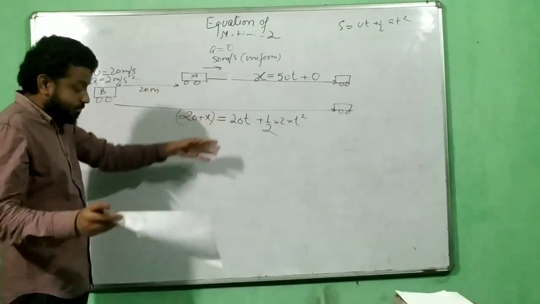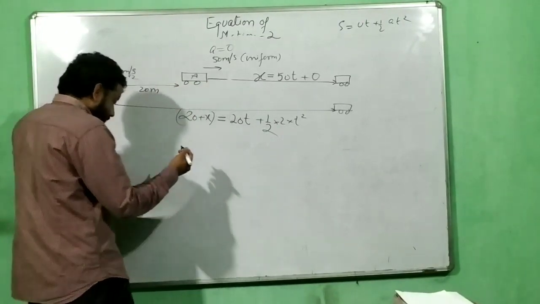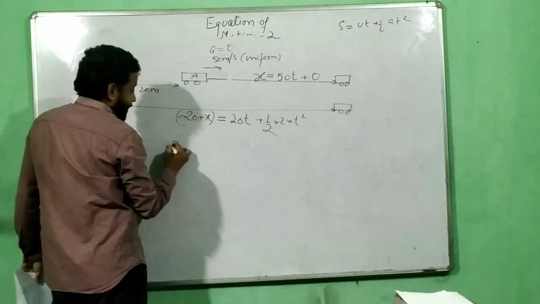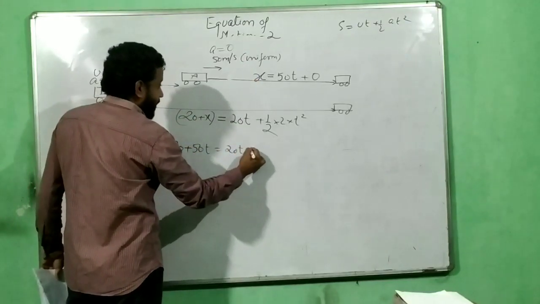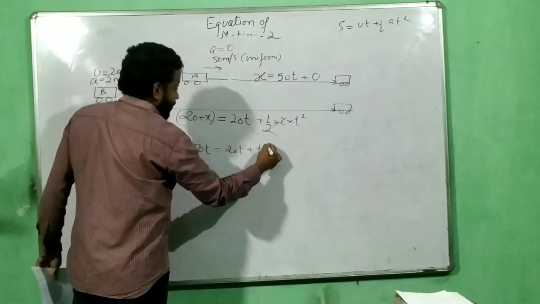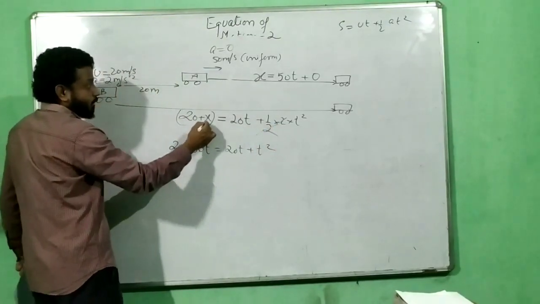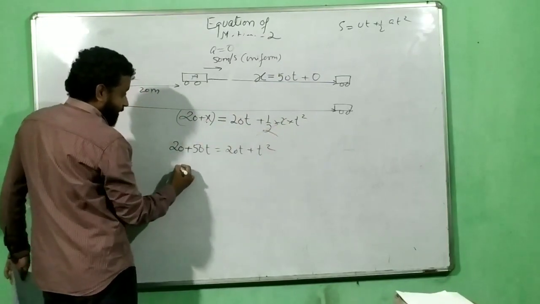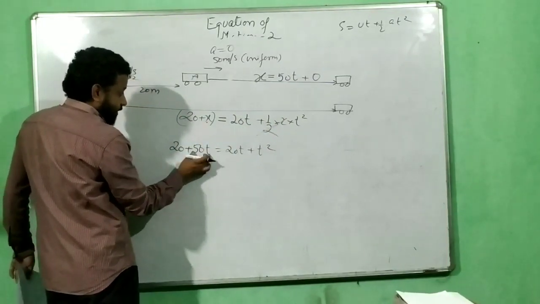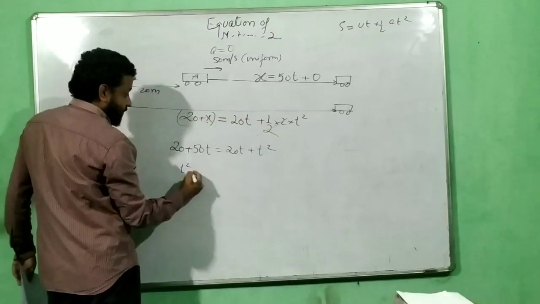For example, if I simplify this equation, if I put the value of x over here, I will get 20 plus 50t equals 20t plus, 2 gets cancelled out, so it becomes t square. So I am putting the value of x as 50t over here. If I take this term on that side, I will have t square. This 50 will go on that side, becomes minus 50t.